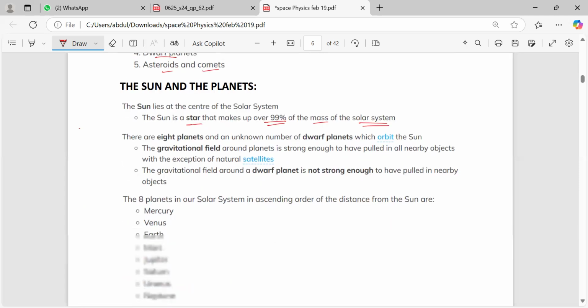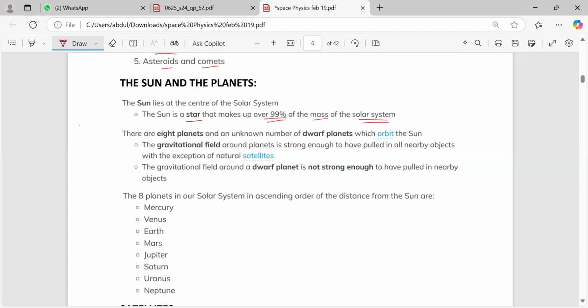There are 8 planets that are known, and an unknown number of dwarf planets, which orbit the sun. Both will be discussed now. The planets Mercury, Venus, Mars, Earth, Jupiter, Saturn, Uranus and Neptune all have a strong gravitational pull.